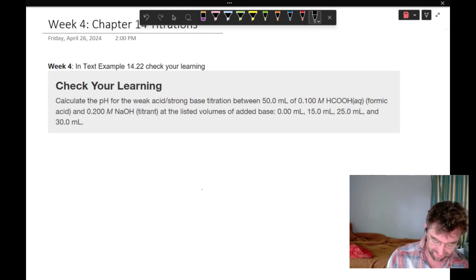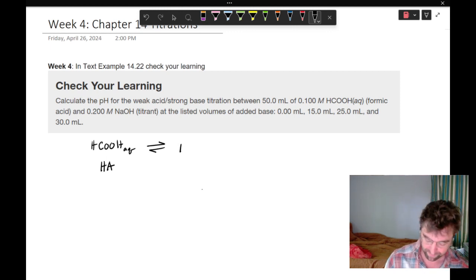First, though, I think it's worthwhile to look at the dissolution of formic acid, which is aqueous. You will see weak acids notated as HA. This is in equilibrium. It loses a proton, which is aqueous, and then we have formate, which is our conjugate base.